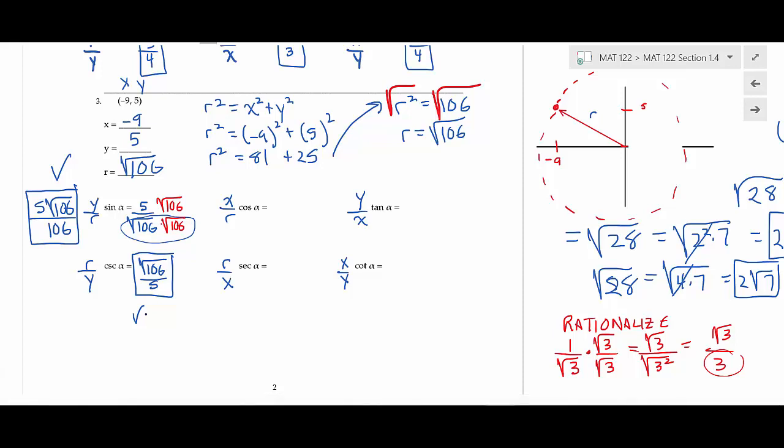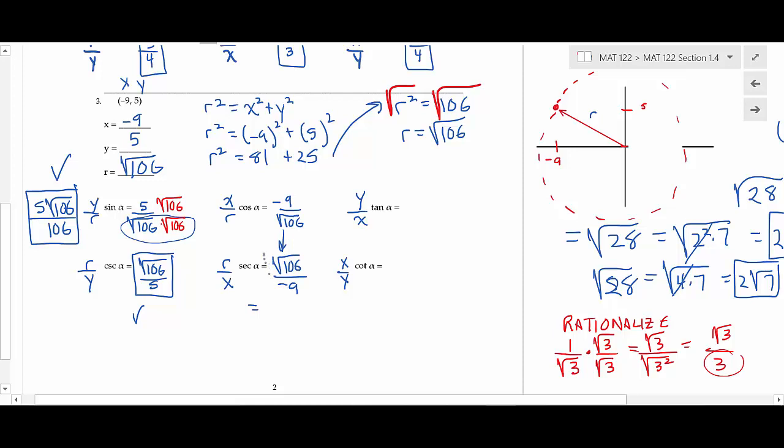Now we do the cosine. The cosine is x over r, so that's going to be negative 9 over root 106, and you're going to have to rationalize that. I can go ahead and do the secant right now. If I turn this upside down, I'd have the square root of 106 over negative 9. Typically you don't want a negative in a denominator.